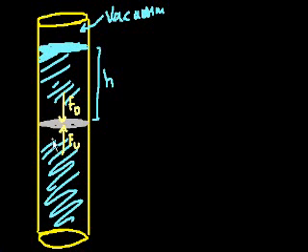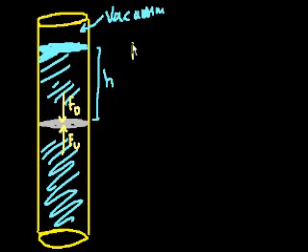So what is the force down? What is the force down acting on this cylinder? Well, it's going to be the weight of the liquid above it, because we're in a gravitational environment, and this liquid has some mass, and whatever that mass is times the gravitational constant will equal the force down. So let's figure out what that is.